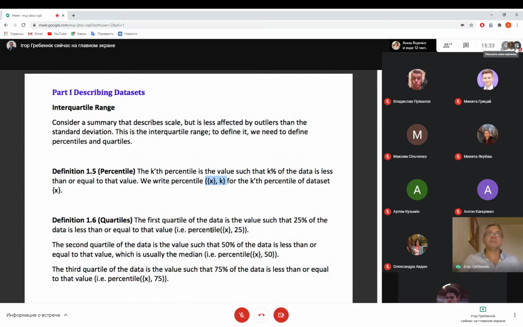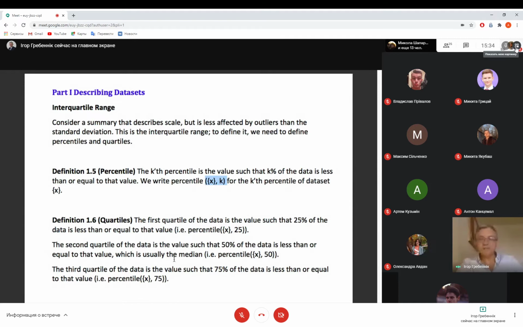So, analyzing the data set, we should find the value of a data item for which 25% of this data set have a characteristic less than or equal to that value. And it will be the first quartile.